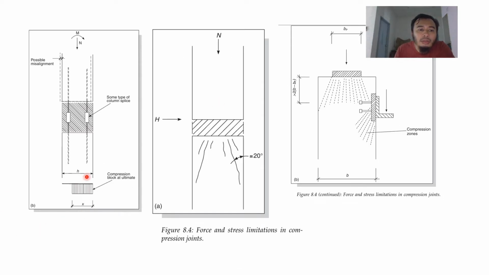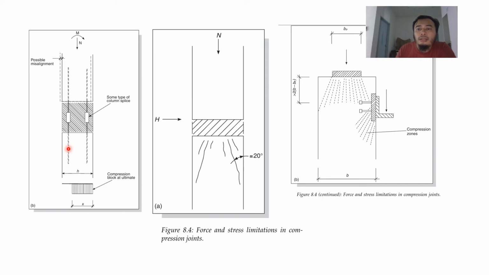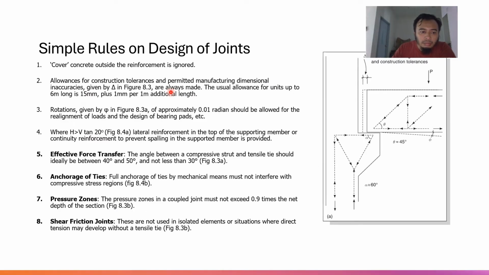So this is your compression zone, which should not exceed 0.9 depth of the section. And shear friction joints are not to be used in isolated elements or situations where direct elements may develop without a tensile tie. So shear friction should only be used in non-isolated elements.